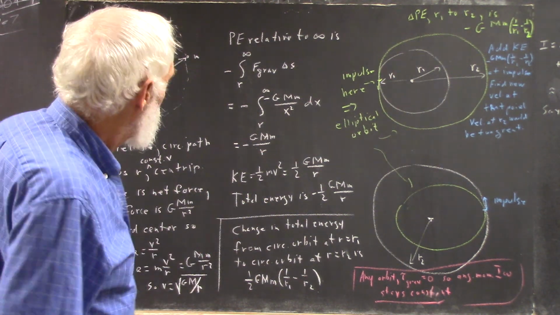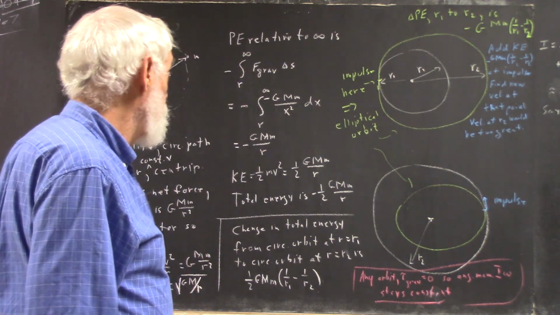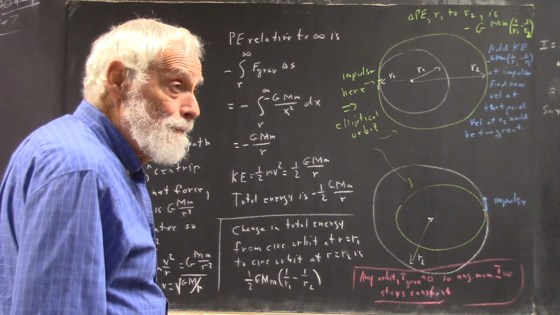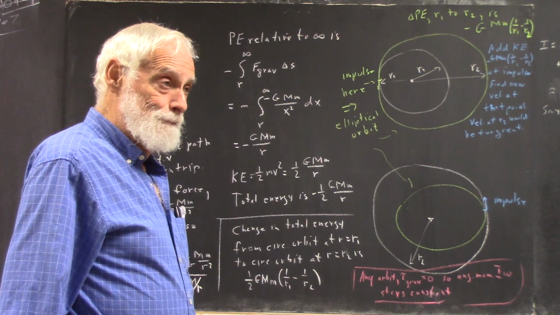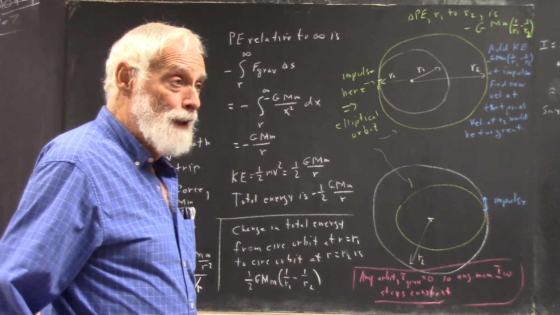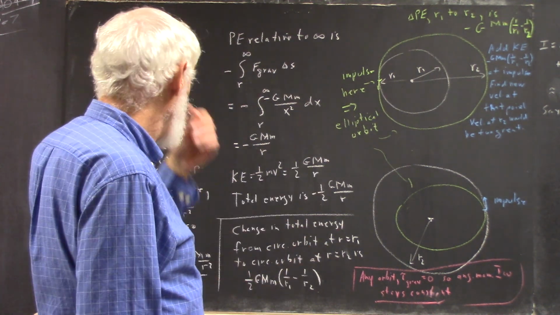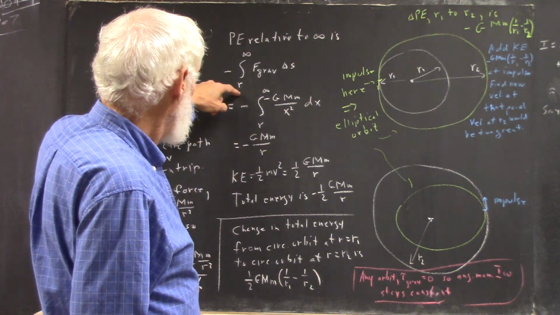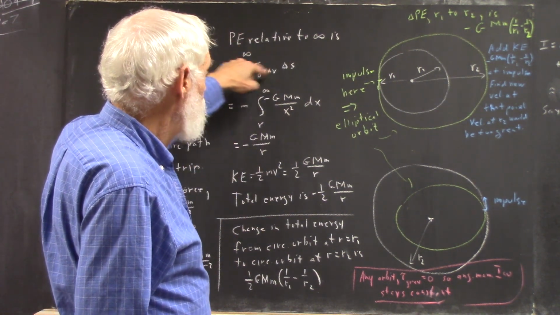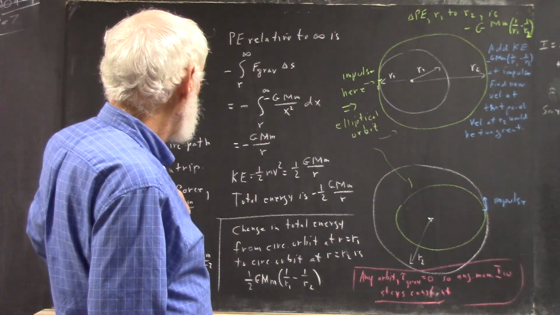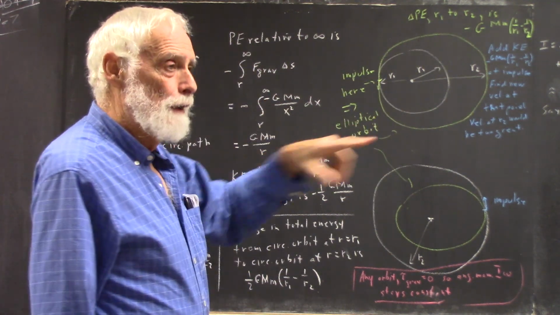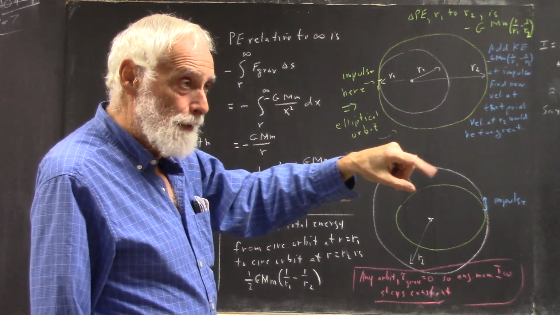Okay. Now the potential energy relative to infinity is equal and opposite to the work done by gravity, gravity being your conservative force, as you go from r to infinity. So it's the integral from r to infinity of F grav times delta s. We're going to assume a straight line path straight away from the planet.